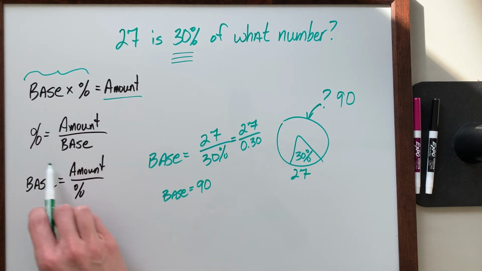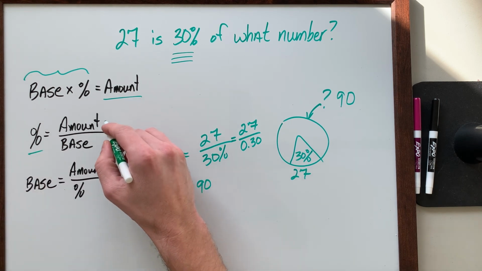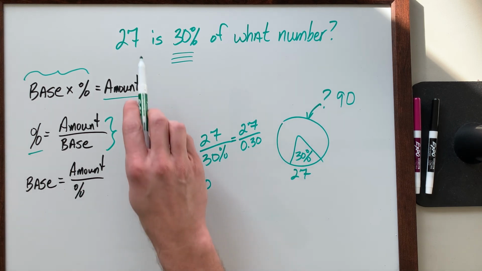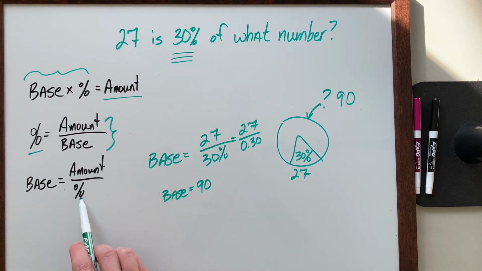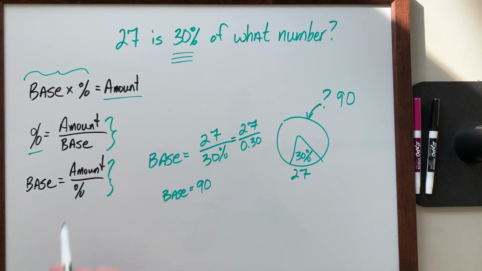Let's say that you're doing a problem and you don't know the percentage. That's the thing that's by itself, but you do know the amount and the base, okay? Then that's the one that you would use. In this third example, we knew the amount and we knew the percentage. These are the things that we know, and they're together on the same side of the equation. The thing that we don't know that we're trying to solve for is by itself on the other side of the equation.